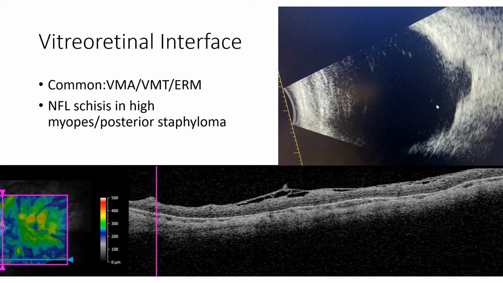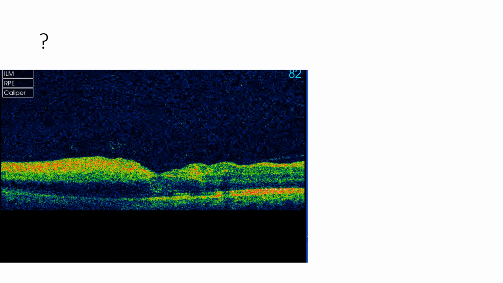I am showing an example of nerve fibrillary schisis, which is seen in high myopes or patients who have a posterior staphyloma, as seen in the ultrasound B scan in the upper right corner. So what does this look like? Well, first we know that this is a right eye because the nerve fiber layer is to the right side of the fovea.